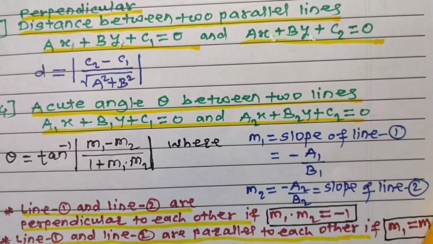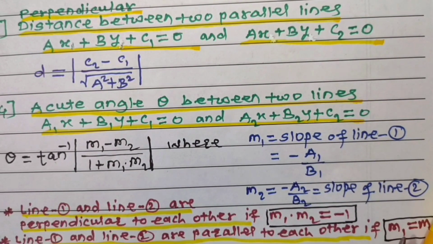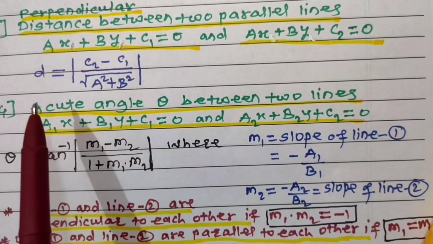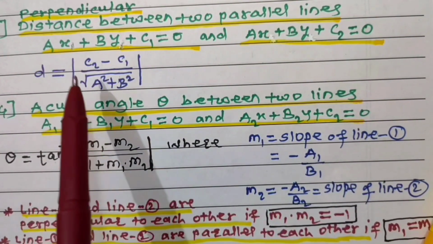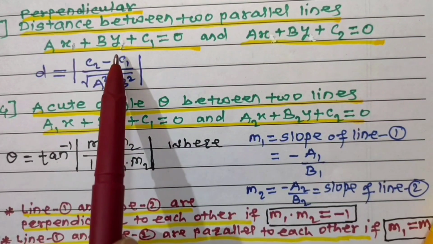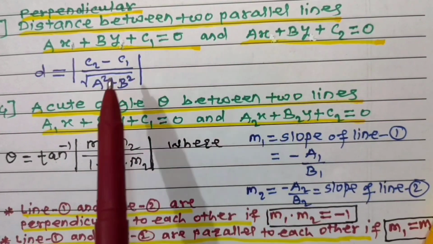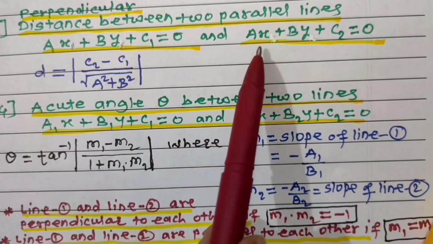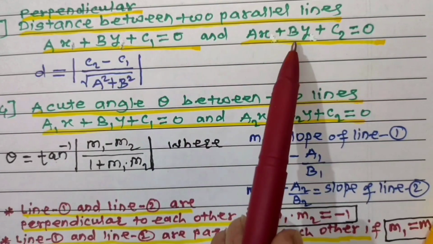And condition number 2 is that line 1 and line 2 are parallel to each other if m1 is equal to m2. This condition is in terms of slope, meaning slopes of line 1 and line 2 must be the same. And another condition, which we have learned in point number 3, is that the coefficients of x and coefficients of y in both the lines must be the same, like this, a and here also a, b and here also b.